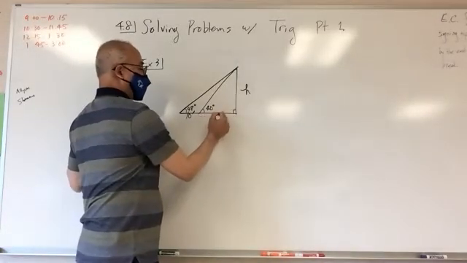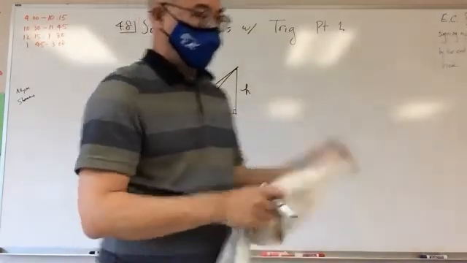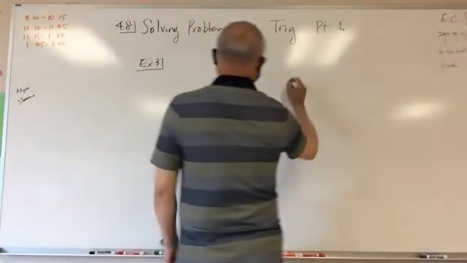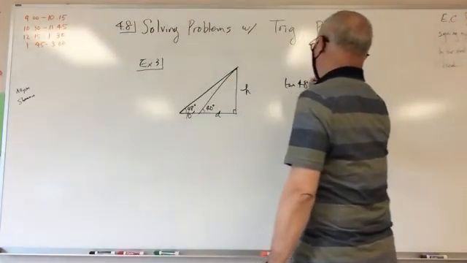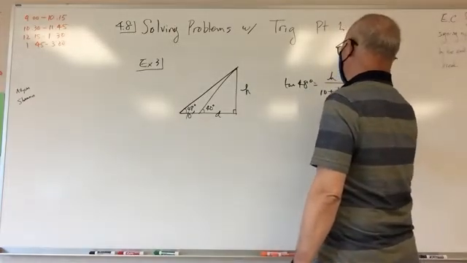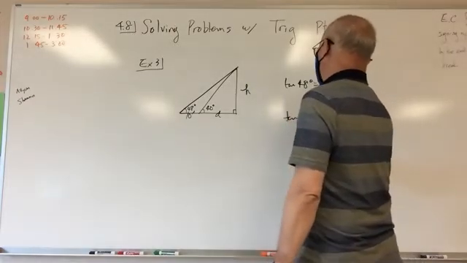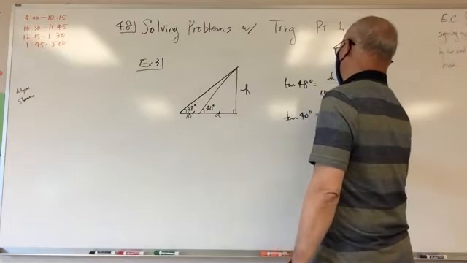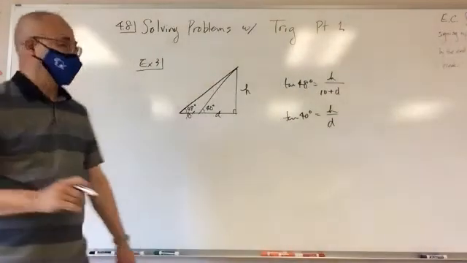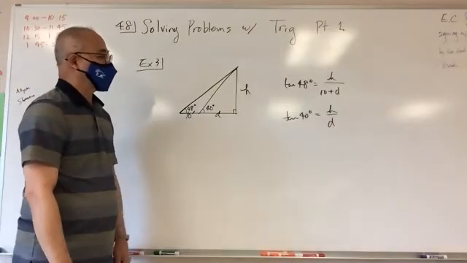So we're going to call this guy D. So I have tangent 48 degrees is equal to h over d plus 10. Tangent 40 degrees is equal to h over d. Right? And I'm trying to solve for h.